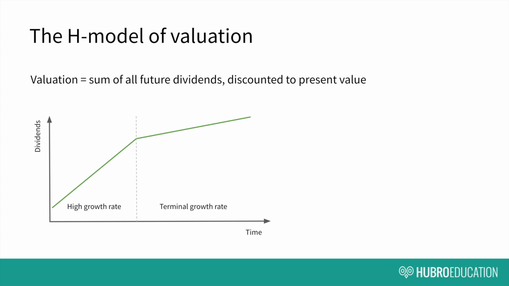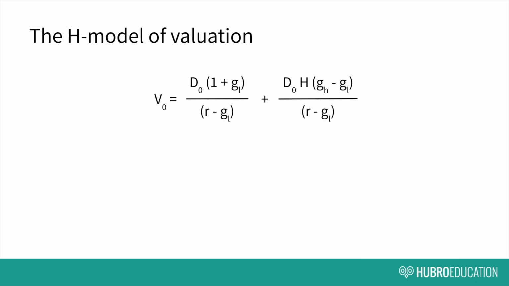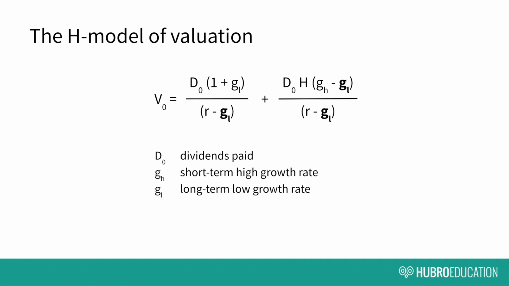The H model calculates the price per share and looks like this, where D0 is the dividends paid in the previous period, GH is the high short-term growth rate of dividends, GL is the low long-term expected growth rate of dividends, R is the required rate of return, and H is the half-life of the high growth rate.